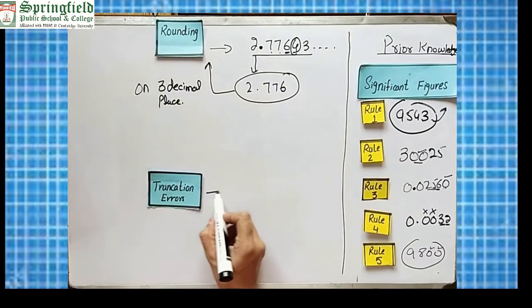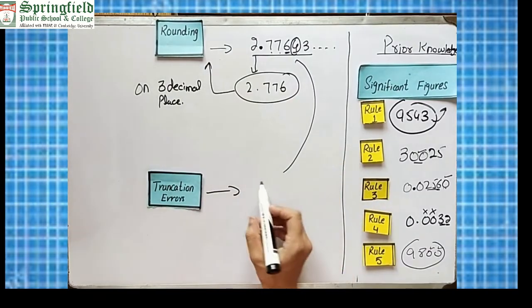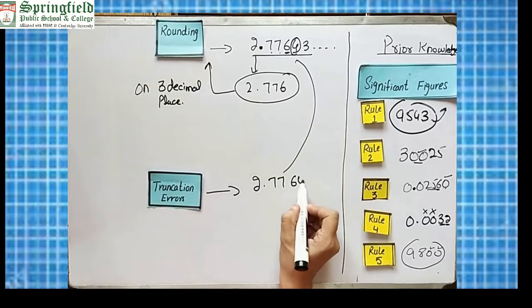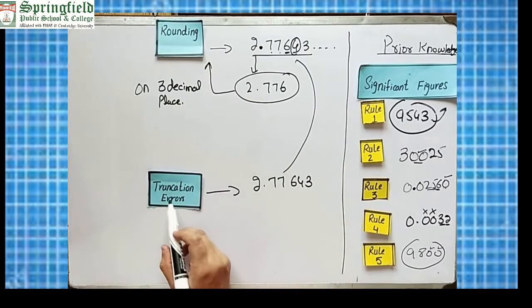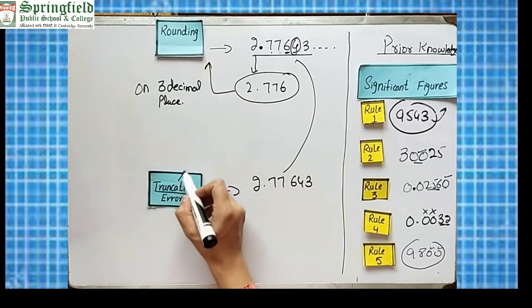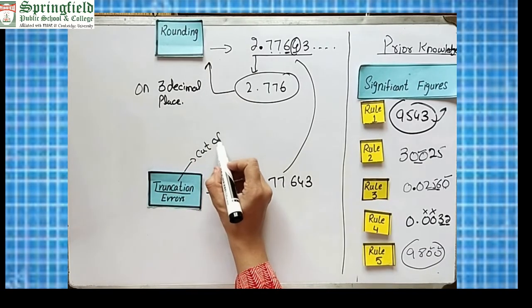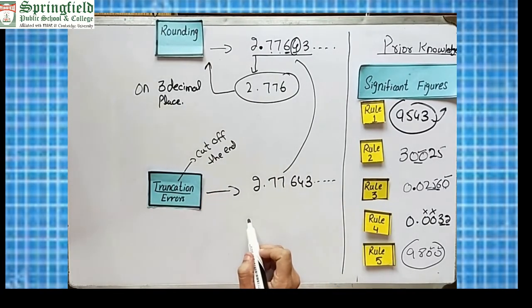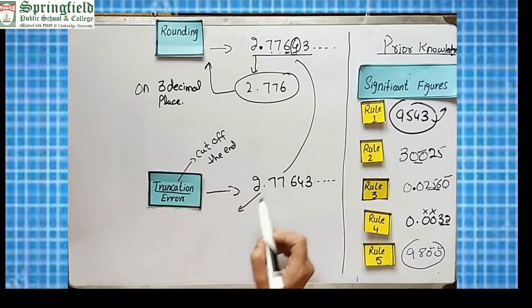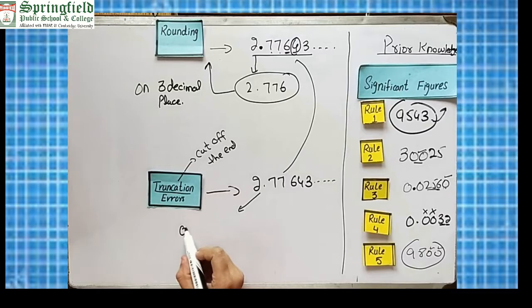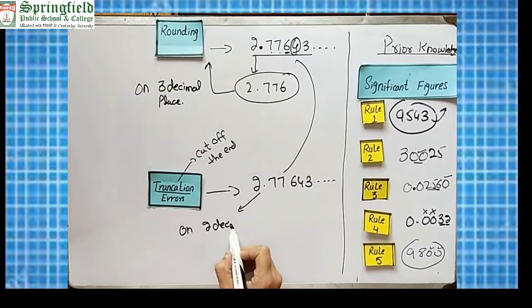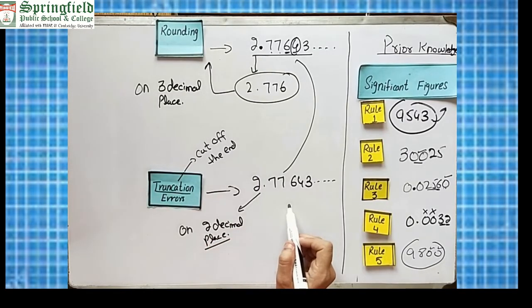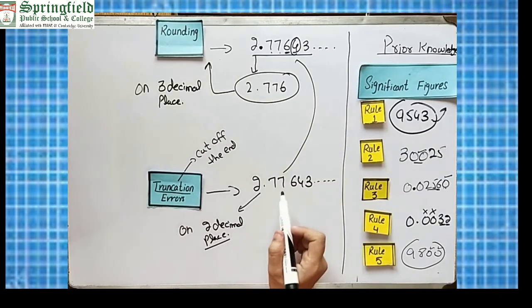Fine. And truncation means, let this be the number 2.77643, and they are saying truncate this number to 2 decimal places. Truncation means cut off the end. So how can we truncate this number to 2 decimal places? It means after the point just 2 digits remain.